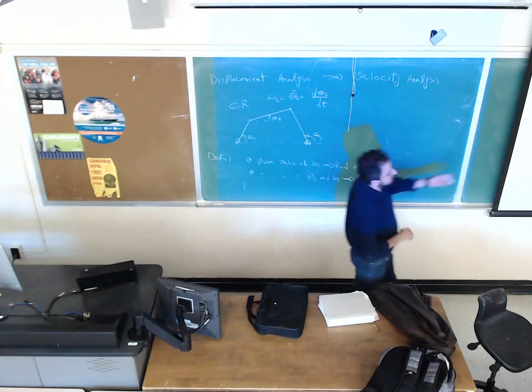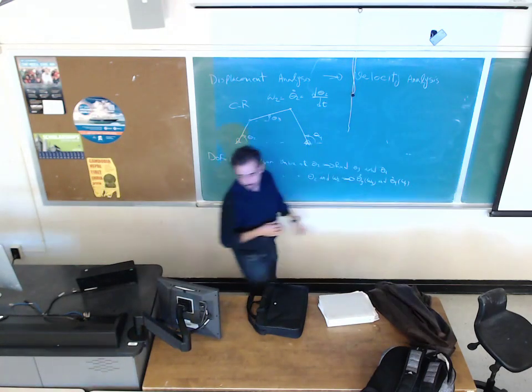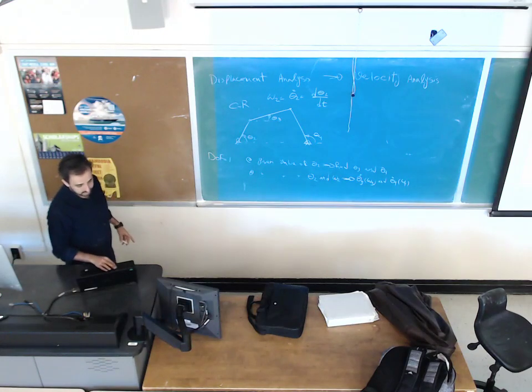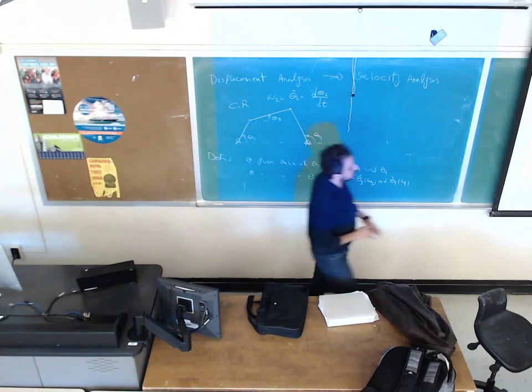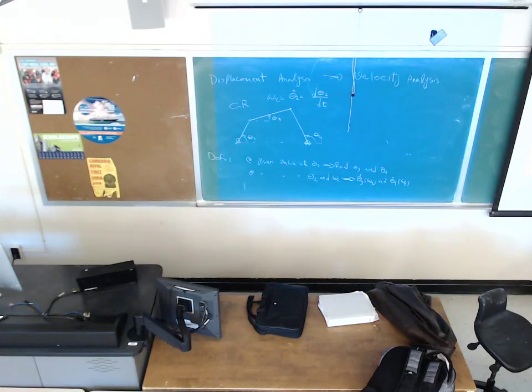So for example, in this video, when we have this 4-bar mechanism which is running, this is a crank rocker because this can complete 360. This is a crank. We would like to know, in this case you can see the crank is running at a constant speed, but it can run at a varying speed.